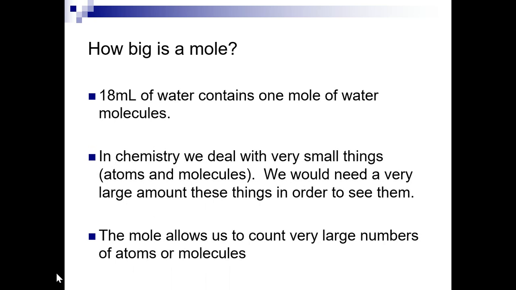So we can count large numbers of these things, these atoms, molecules, particles, formula units at one time. Now, granted, you could use the mole for just about anything. Mole is just a number, just like a dozen. But we do use it in chemistry and even in some cases in physics to represent a number of things.